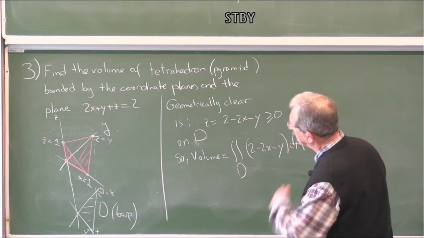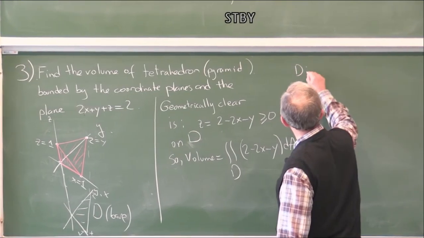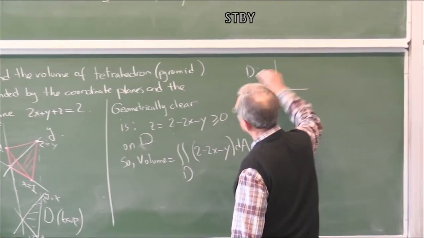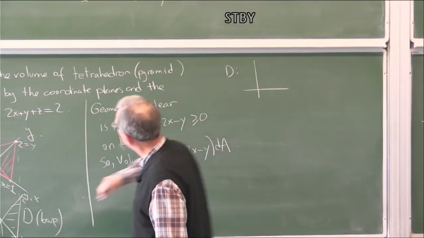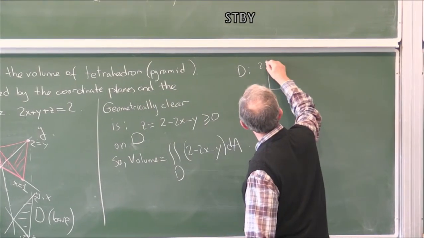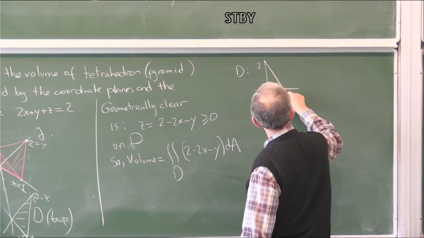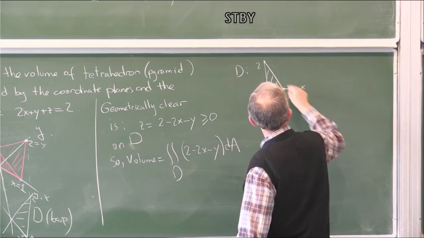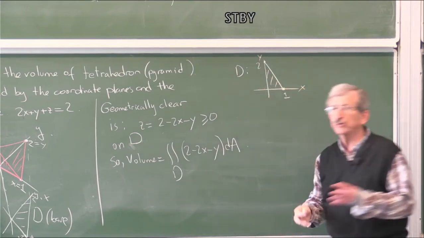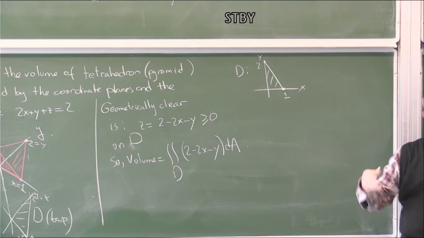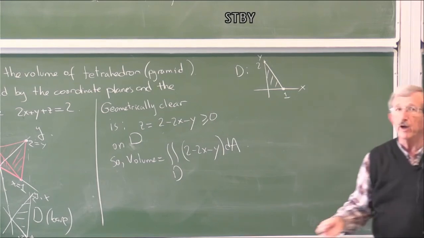Now, let us look at D more carefully. D has one corner at 2, and here it is 1. So this is D in question, which of course is a simple region with respect to x or y first.